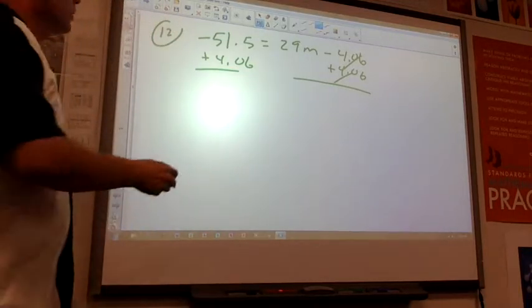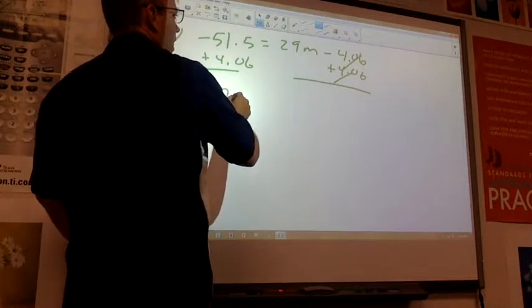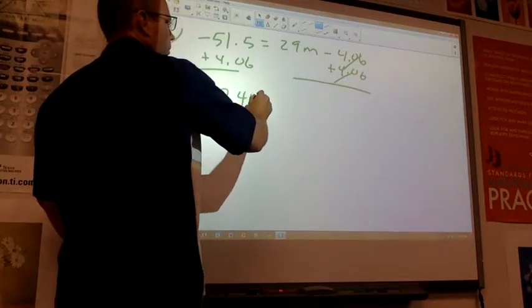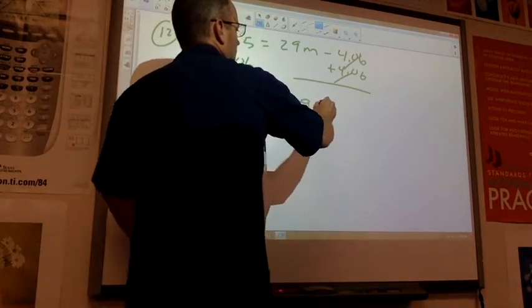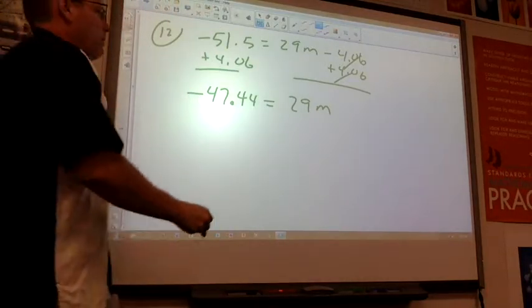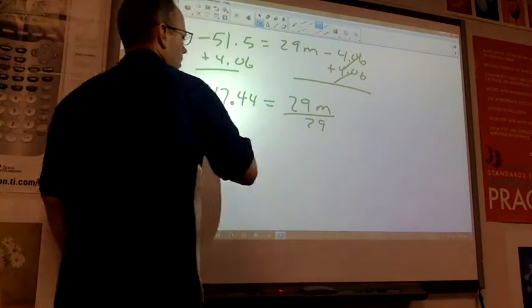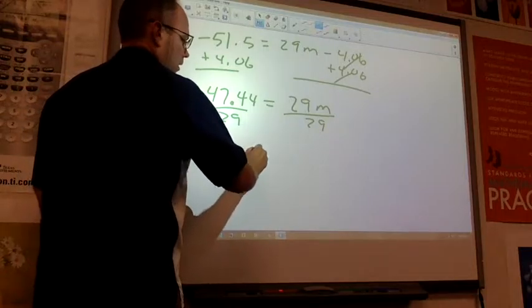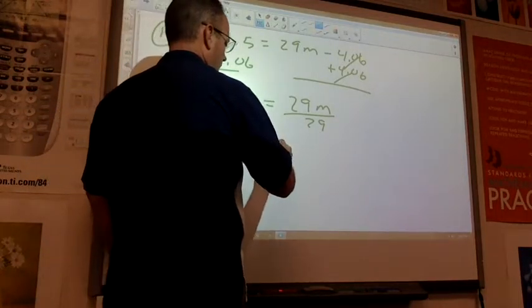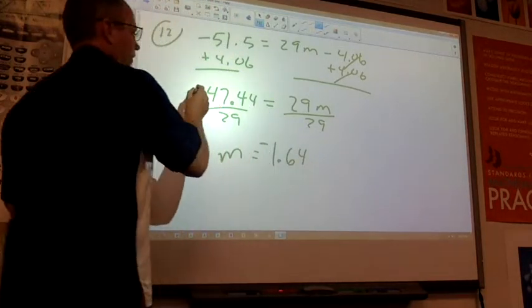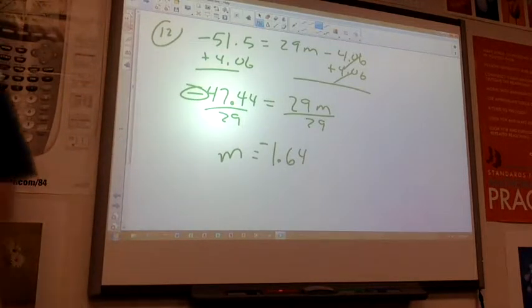It's negative 47.44. Do we agree? And then we divide by 29. It comes out to 1.64. Should be negative, because that's negative. So negative 1.64.